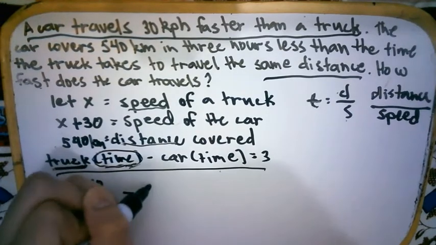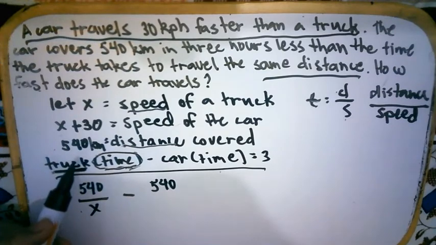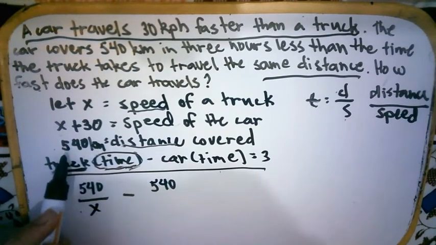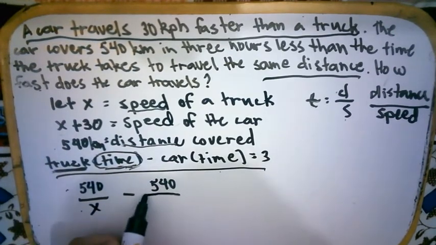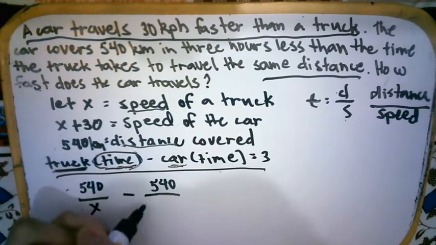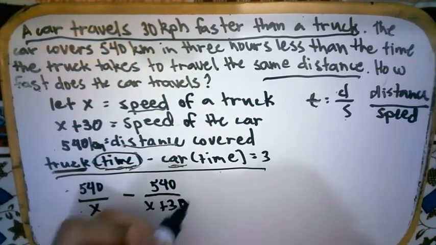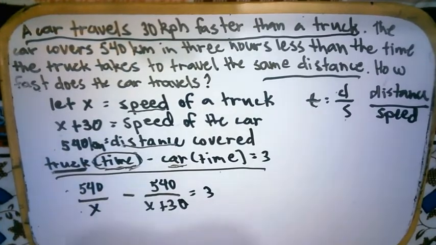So, ang distance nila is still 540 for the car kasi nga pareho lang naman sila ng distance ng truck. Ang magkakaiba lang ay yung speed. So ano bang speed ng car based on our given? Ang speed ng car ay x plus 30. And then equal to 3.